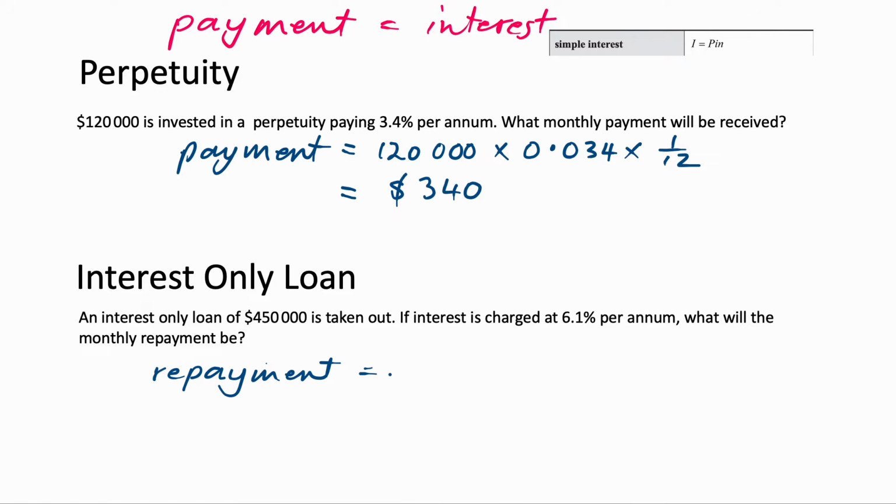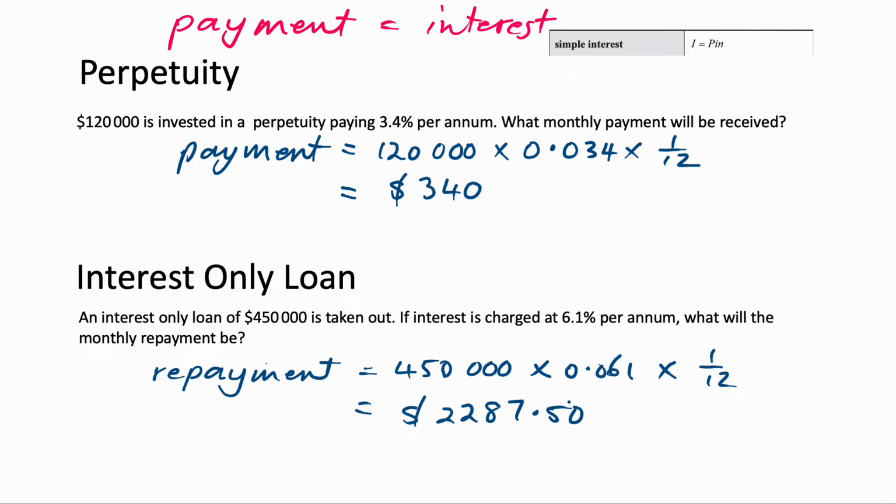We're just putting the principal in, 450,000 times the interest rate as a decimal. And once again, it's just 1 month that we're looking at. So 1/12 is our time period. When we calculate that, we get $2,287.50. So that would be the repayment that you'd make every month. Your loan balance is not going to reduce, not going to go up. It's going to stay at the $450,000 indefinitely.